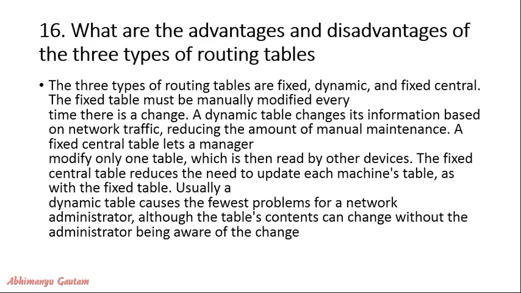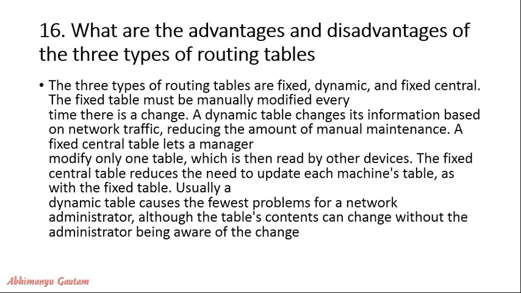What are the advantages and disadvantages of the three types of routing table? The three types of routing table are fixed, dynamic, and fixed central. The fixed table must be manually modified every time there is a change. A dynamic table changes its information based on network traffic, reducing the amount of manual maintenance.